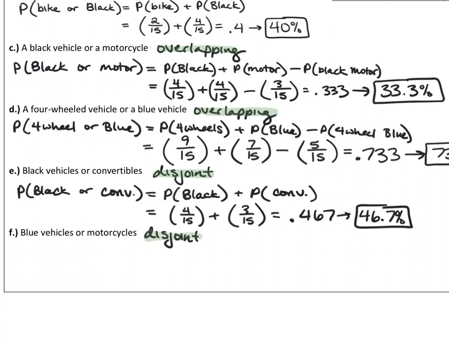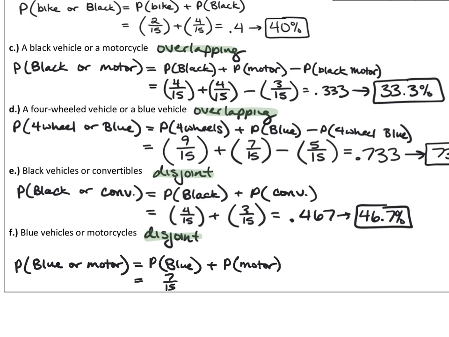So the probability that we have a blue vehicle or a motorcycle would be equal to the probability that we picked up the blue vehicle plus the probability that we picked up that motorcycle. There are 7 out of 15 blue vehicles and 4 out of 15 motorcycles, which is 0.733 or 73.3%.